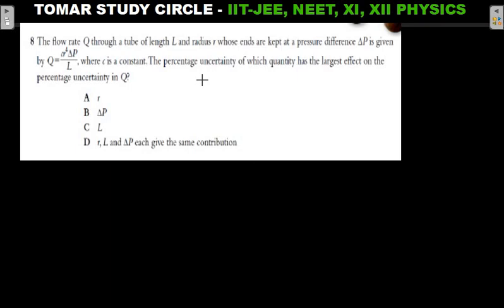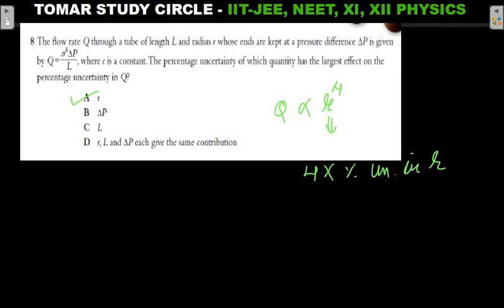The percentage uncertainty of which quantity has the largest effect on the percentage uncertainty of Q? Since Q is directly proportional to R raised to power 4, the percentage uncertainty in R has the largest effect, because the percentage uncertainty of Q will be equal to 4 times the percentage uncertainty in R, which is highest, and the correct answer will be A.